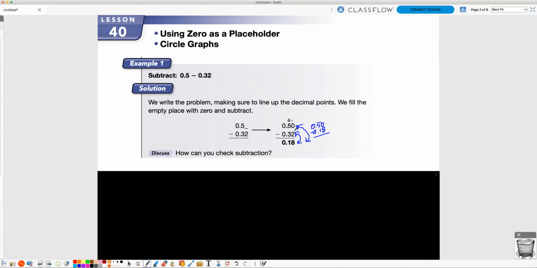Or you could do 18 hundredths plus 32 hundredths, and you'd end up with the other. If you did that, this would be 10, carry that, that'd be 50 hundredths, just as you see. If you did this one, this would be borrowing, you get 4, this would be 10, this would be 2, 32 hundredths. So you can see you get the other numbers that are in that particular problem.